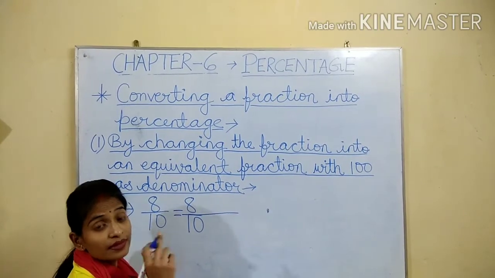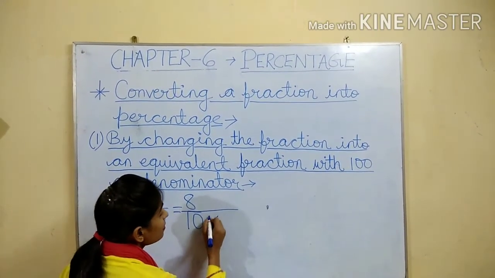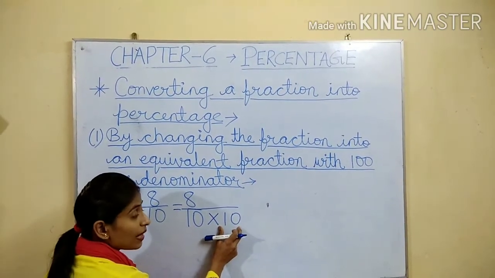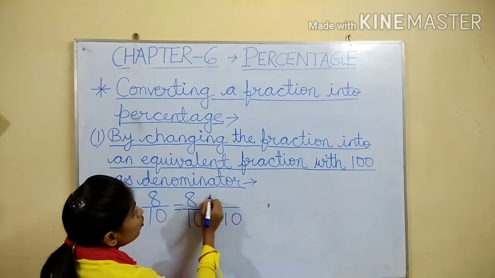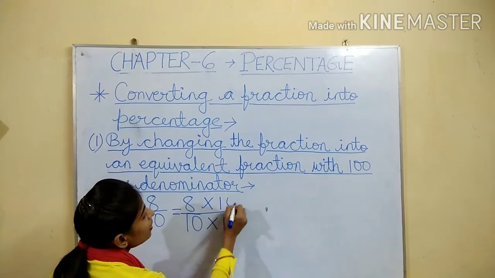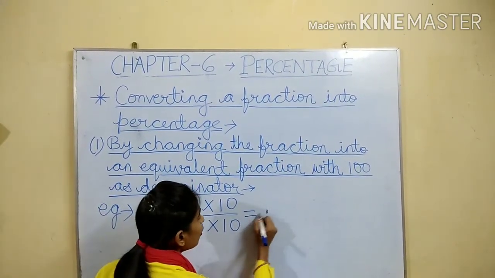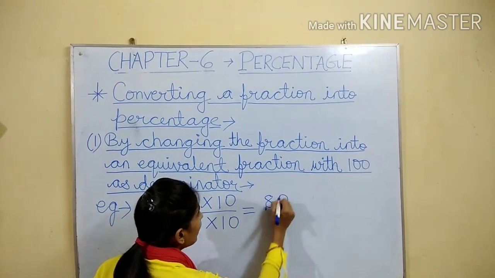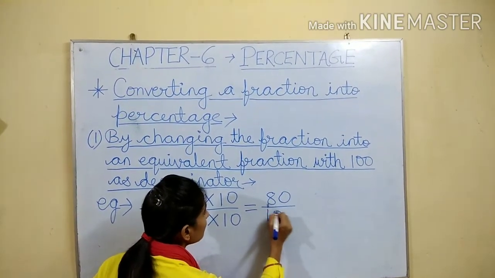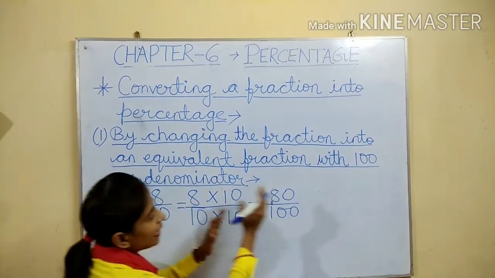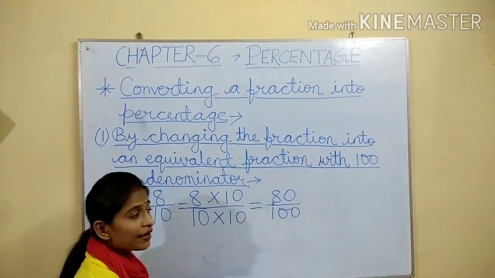Think. Yes. 10 times 10. So in denominator we are multiplying by 10. So in numerator also we will multiply it by 10. Now we will get 80 by 100. Equivalent fraction of 8 by 10 will be 80 by 100.